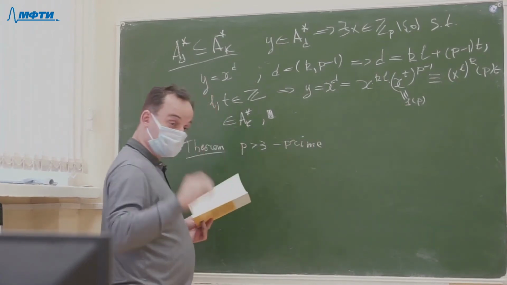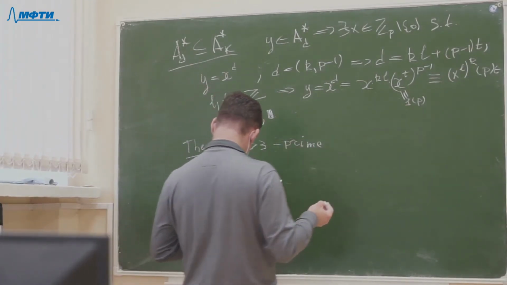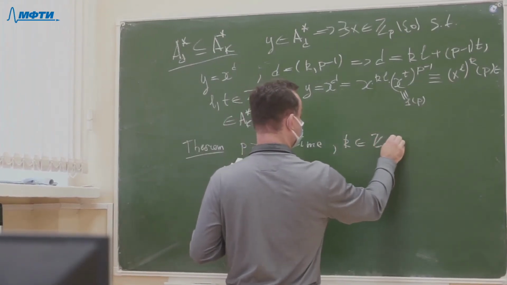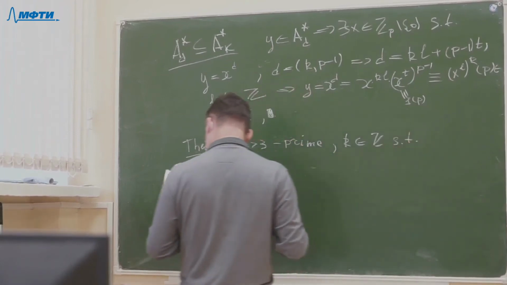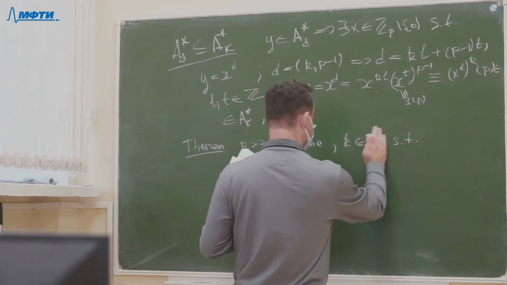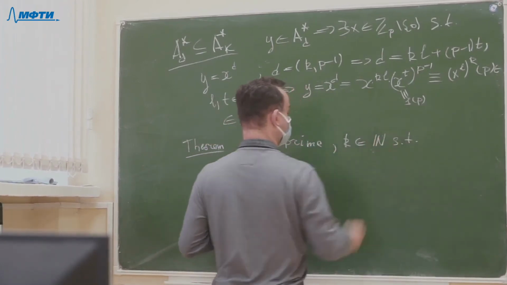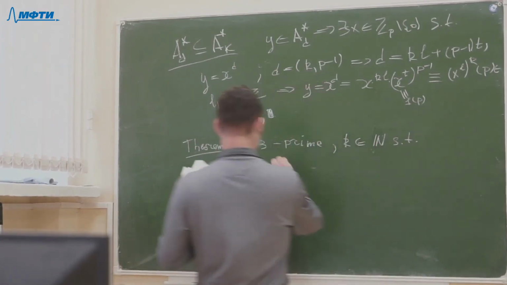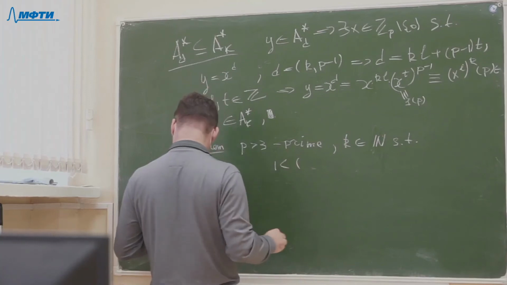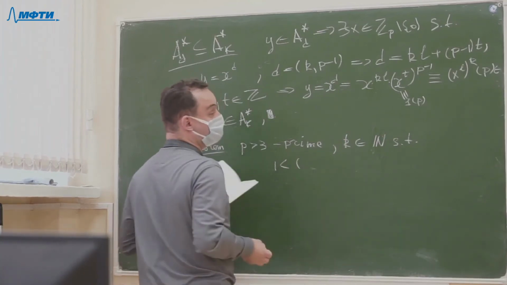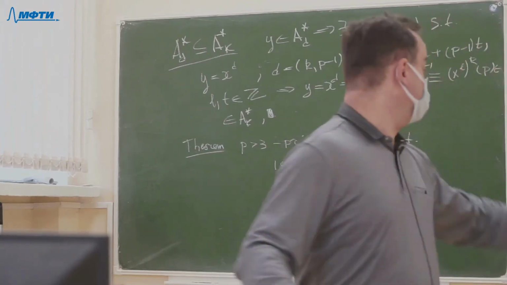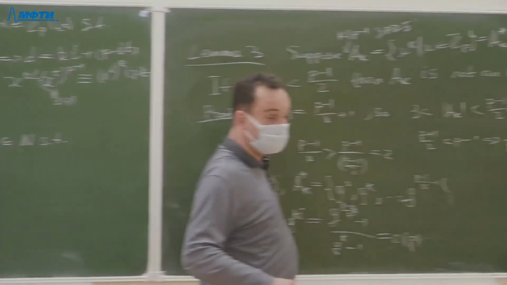I didn't write these limitations, and k is a natural number such that... Look here, we take bounds from here.